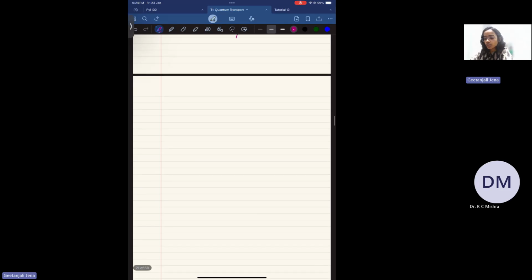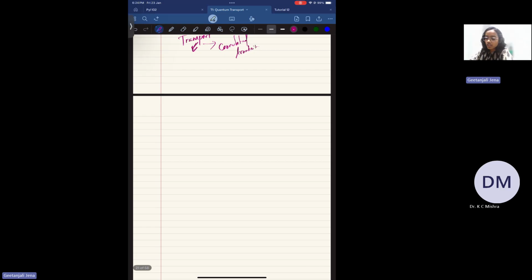To understand the behavior of the charge in the presence of an external magnetic field, if we recall classically, the first model we considered is the Drude model. This is one of the first models considered to study the behavior of charge transport.